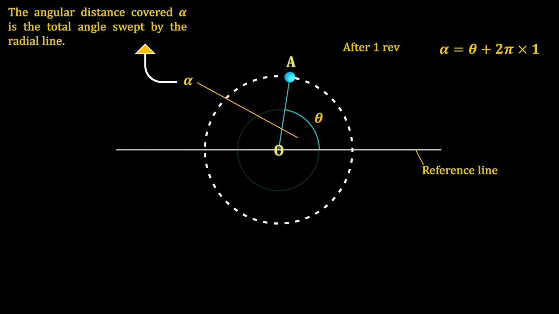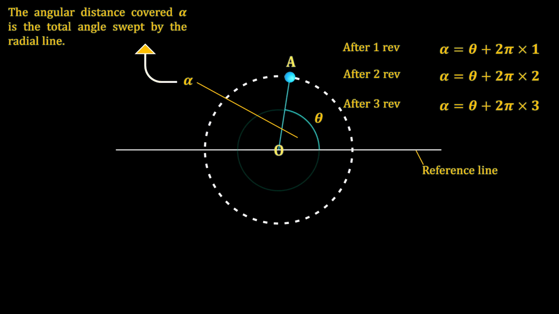If it has completed two full revolutions and it is at an angular displacement theta, then the angular distance covered alpha is alpha equals theta plus 2 pi times 2. If it has completed three full revolutions and it is at an angular displacement theta, then the angular distance covered alpha is alpha equals theta plus 2 pi times 3, and so on.